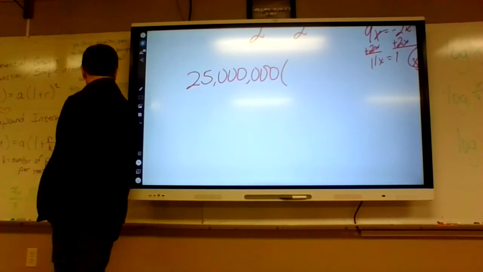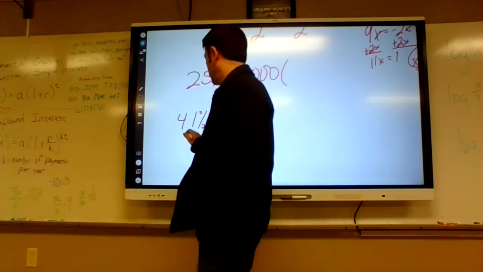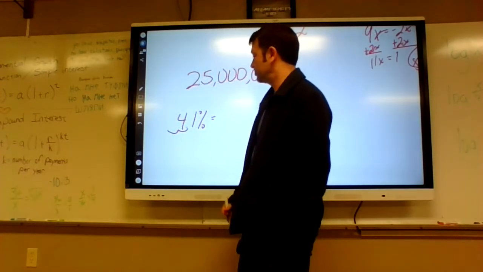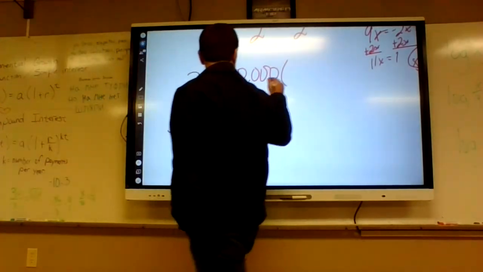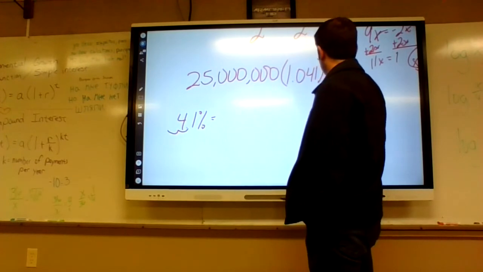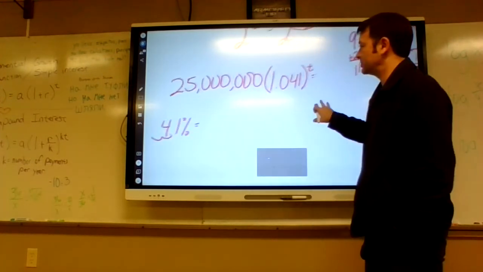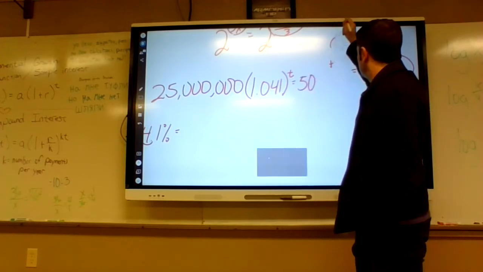What's 4.1% as a straight up decimal? 0.041. So 1 plus 0.041 is 1.041 to the t, and the question is how long until they get up to 50 million people?